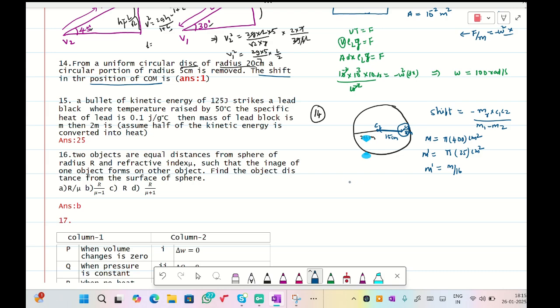Therefore the shift x is equal to, minus indicating it is moving toward this point, m by 16 into C1 C2 which is 15, divided by m minus m by 16, that is 15 m by 16. So the total is 15 m by 16. The answer is 1.